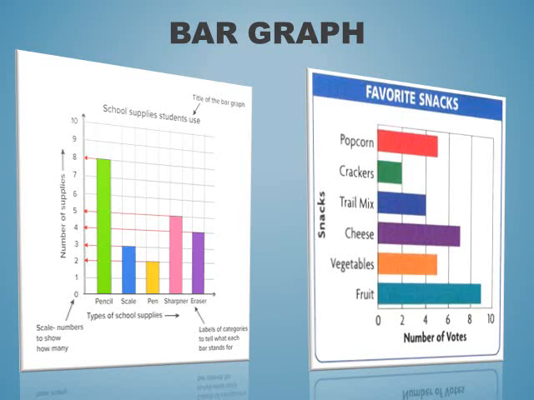It is up to you. But the bigger the number, the bigger the scale, so that it will not take a lot of space. And on the side you have the snacks, and they recorded for each snack how many children or people chose.